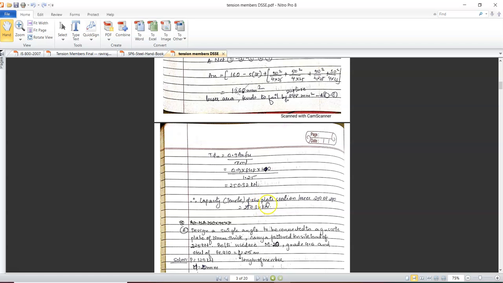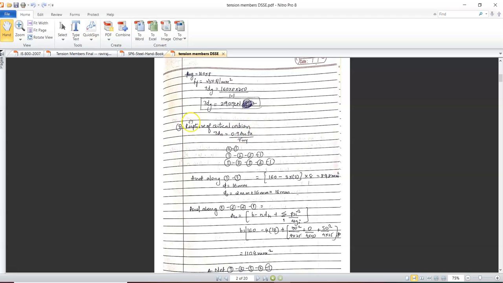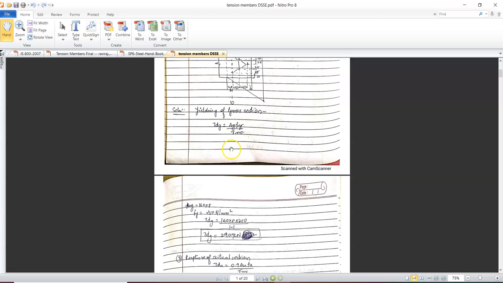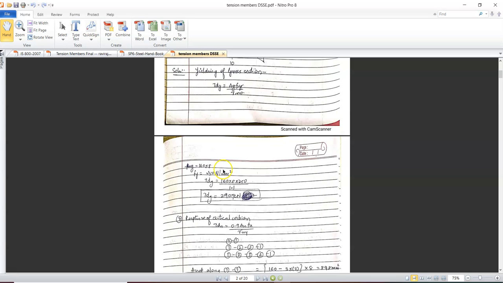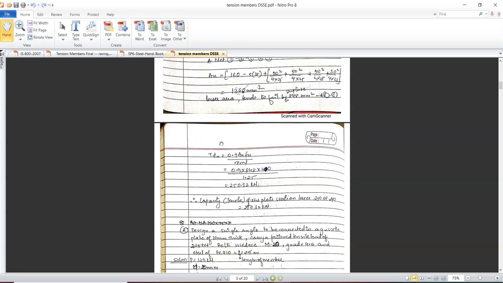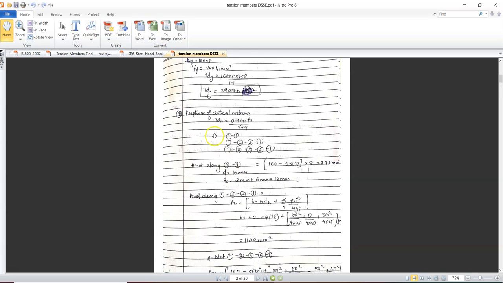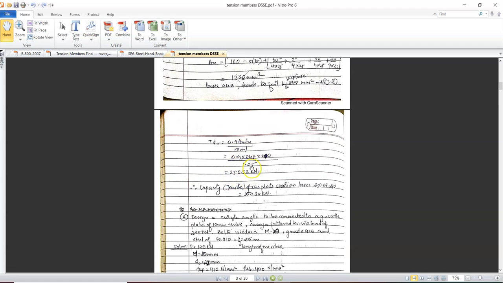Now the tensile capacity of the plate section will be the lesser of rupture of the critical section or yielding of the gross section. The plate fails in yielding of the gross section at a load of 290.9 kilonewton. The same plate fails by rupture of the critical section at a load of 250.32 kilonewton.